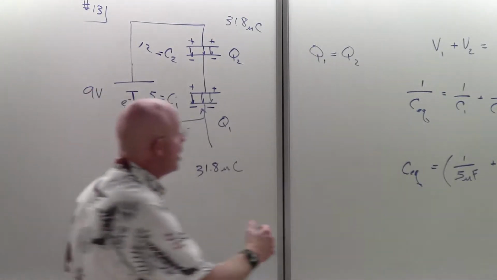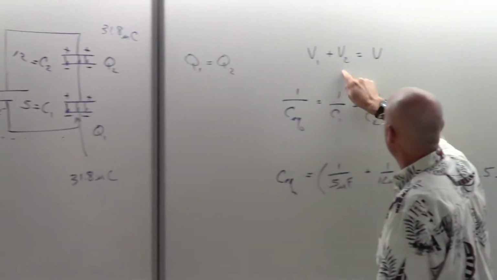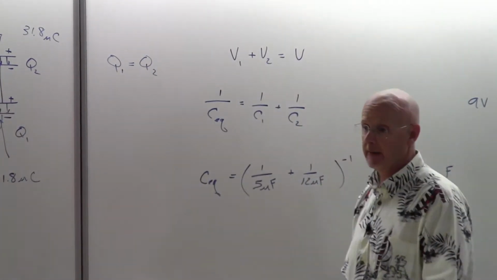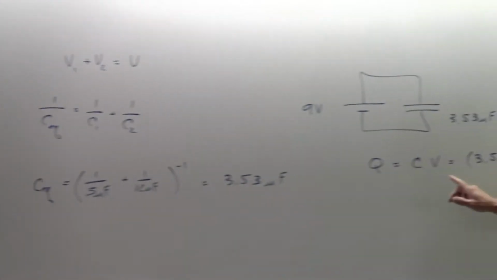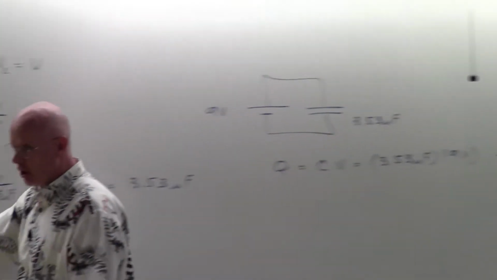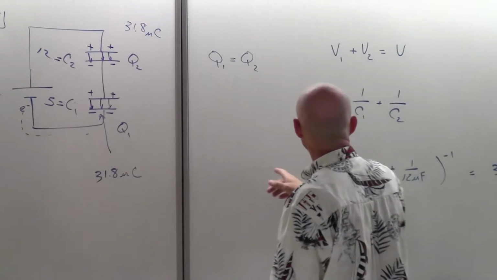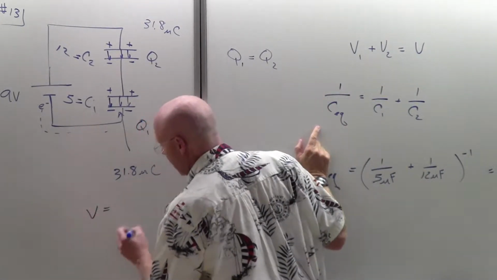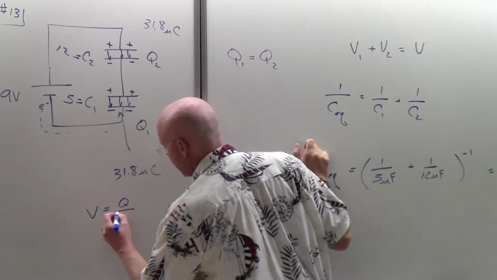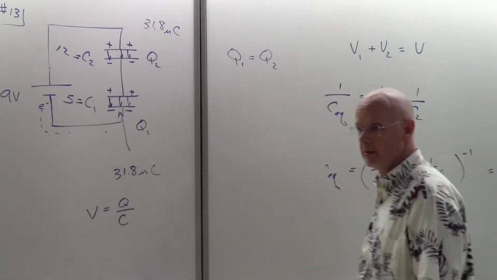And really the only thing I know is that the two of them together must add up to 9. But here was what was nice about doing the equivalent. I got the charge on each one. And once I get the charge on each one, then I can actually get the voltage, because the voltage would be the charge divided by the capacitance.